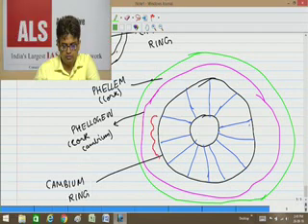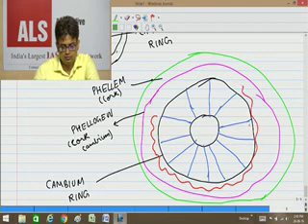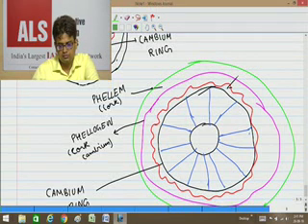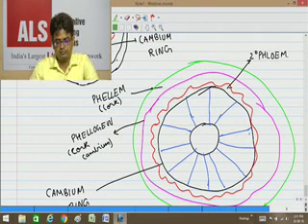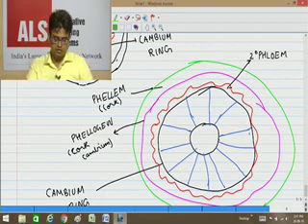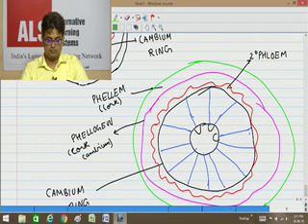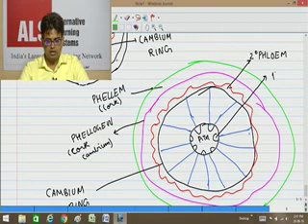Outside the cambium ring will be the phloem, the secondary phloem. Okay. In the center part, it is the primary xylem. This is the pith. Pith is getting crushed. This is the primary xylem.